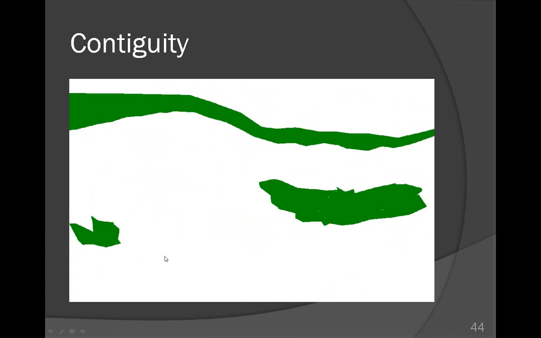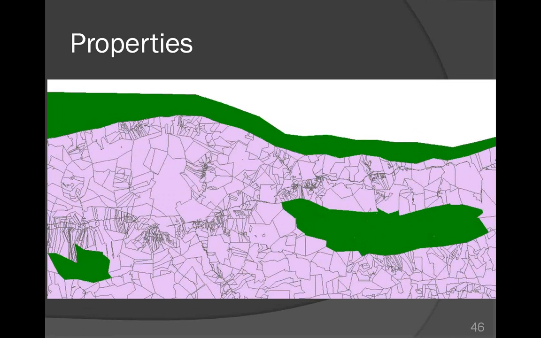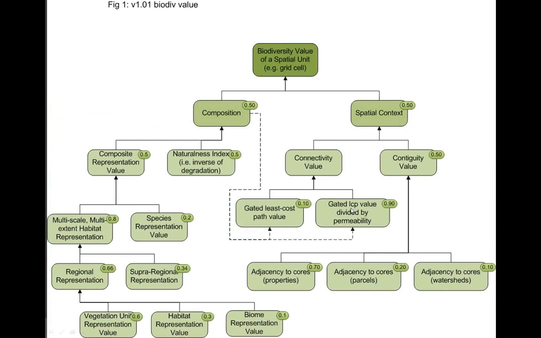Again, this is all programmed in Model Builder with a little bit of scripting for the connectivity. The contiguity algorithm is really simple. Basically, you have your core areas, and then you just identify the sites that are next to the core areas. If you want, you can identify both your sites if they're parcels, but also if they're properties, or if they're watersheds or sub-watersheds, and that's your contiguity value.